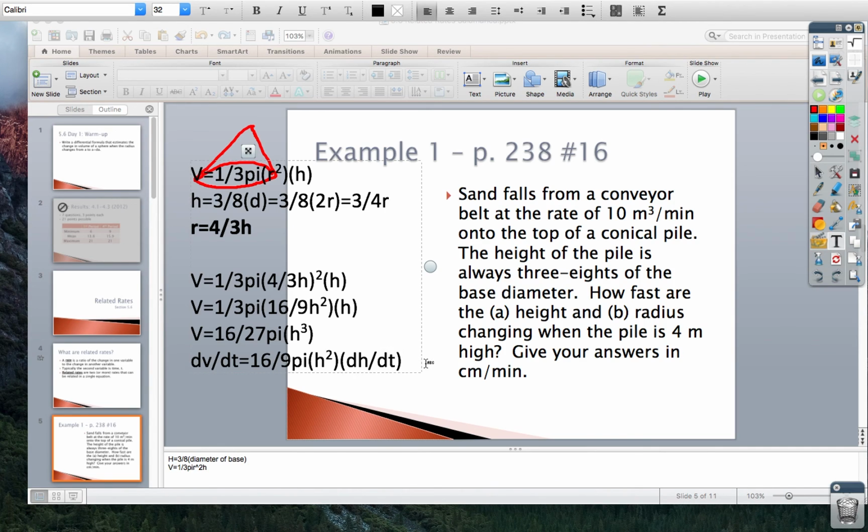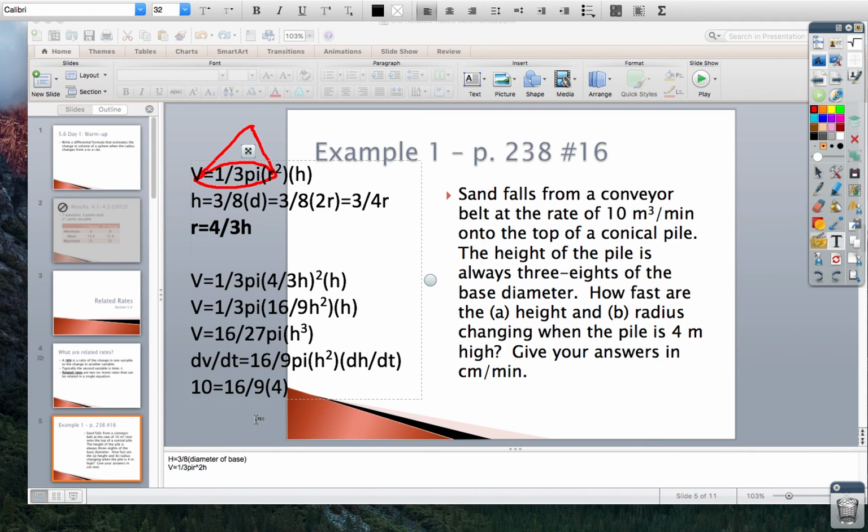So we know that dV/dt, based on our problem, is 10, because it's 10 meters cubed per minute, equal to 16/9 pi times h squared. Well, h we're not exactly sure of, right? Or we are, because if you look at part B, it says the radius is changing when the pile is 4 meters high.